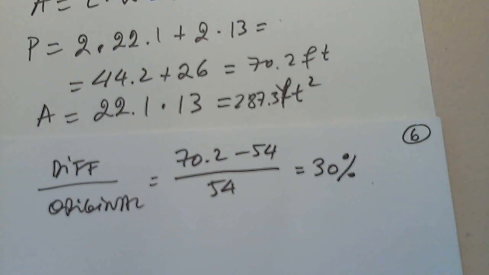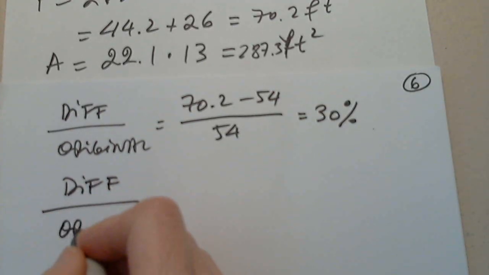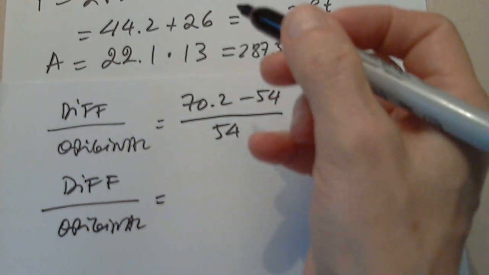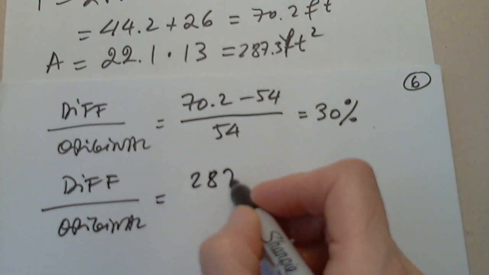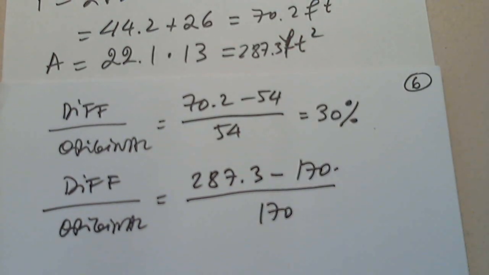Good, last question. By what percent will the area increase? Okay, so for the difference, for the area over the original, so we have 287.3 minus 170 divided by the original. So again in parentheses, please, 287.3, sorry, minus 170, divided by the original, of course.